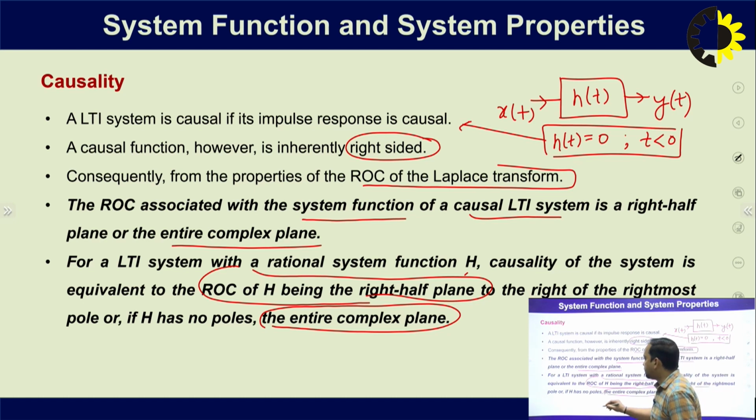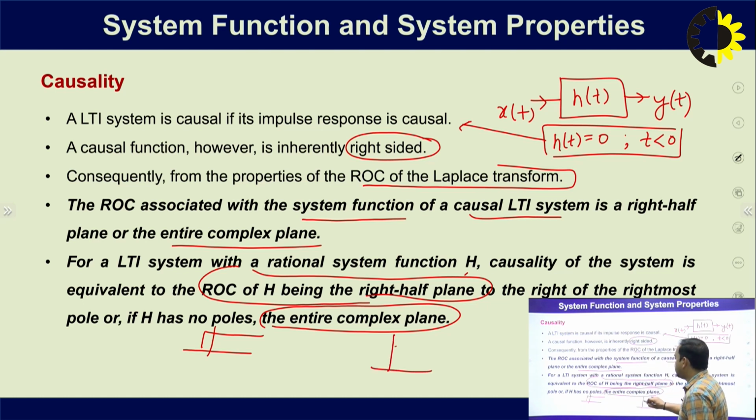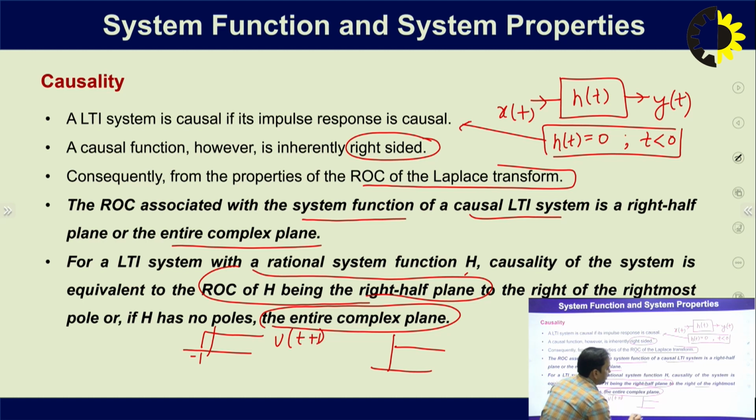We can take an example with two impulse responses. One is, let's say, h of t equals u of t plus 1, whereas the other is h of t equals u of t.